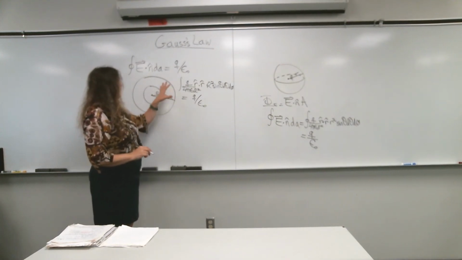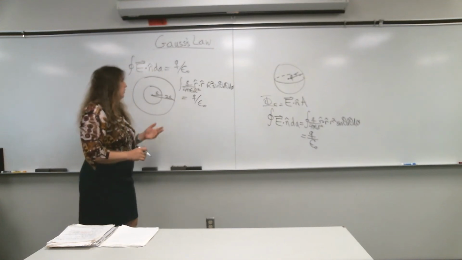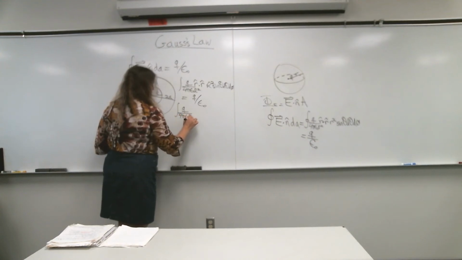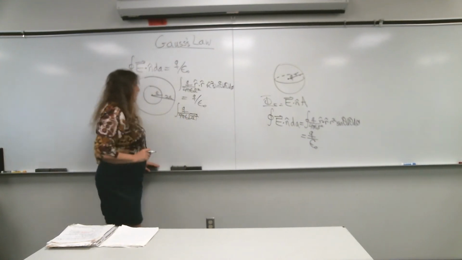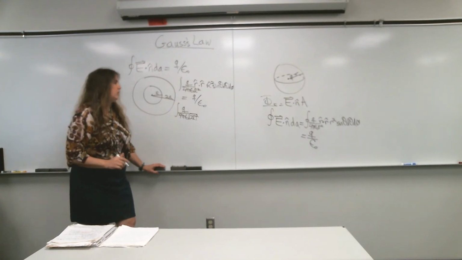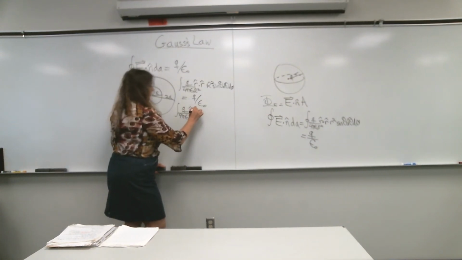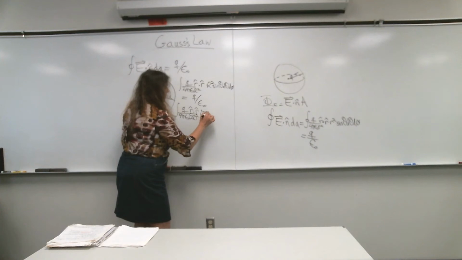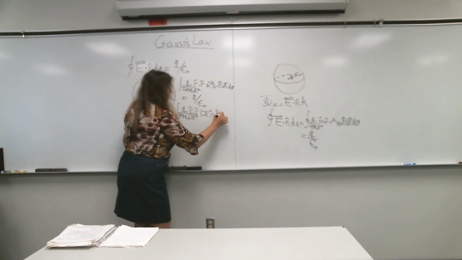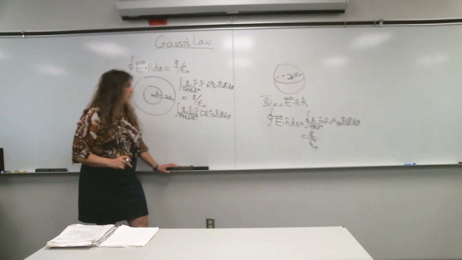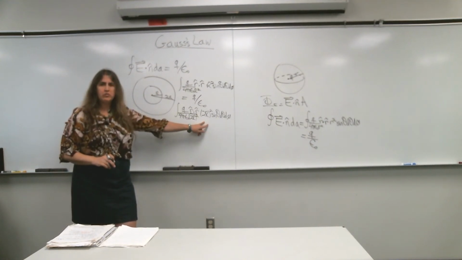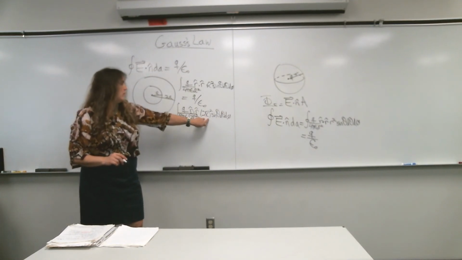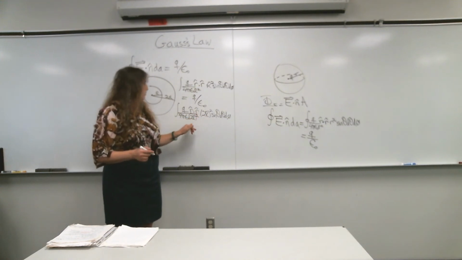If I calculate my flux through the larger sphere, that'll leave me with q over 4 pi epsilon naught (2r) squared. Once again, we have r caret dot r caret, and this time we have (2r) squared, rather than r squared, sine theta d theta d phi. So once again, these radial components of this integral cancel out.